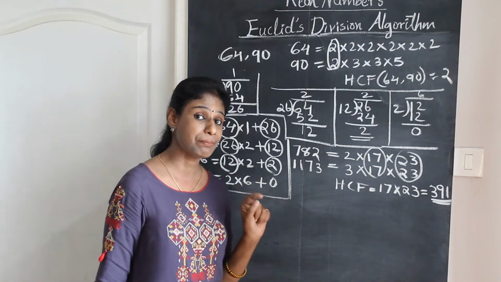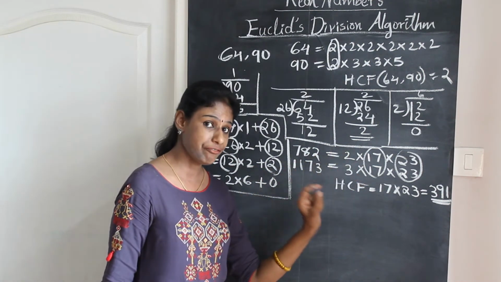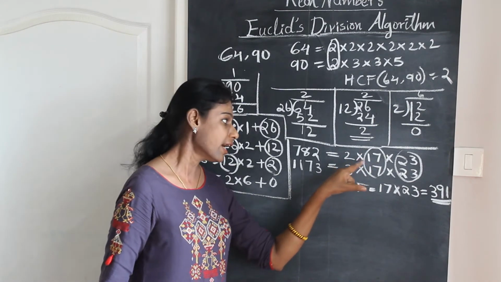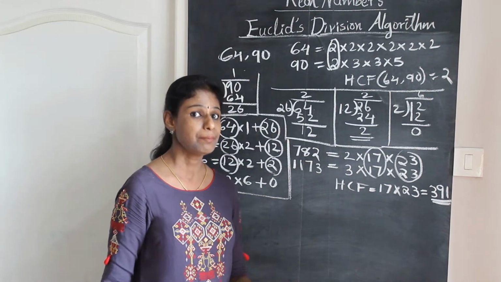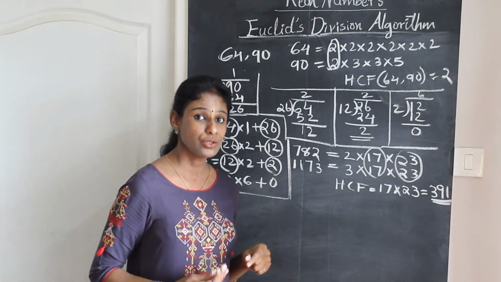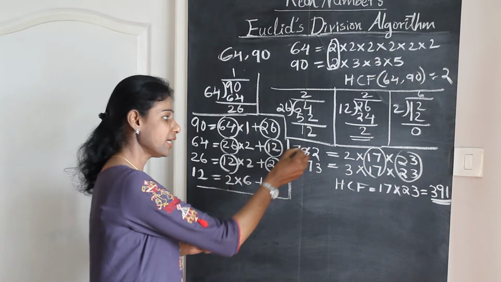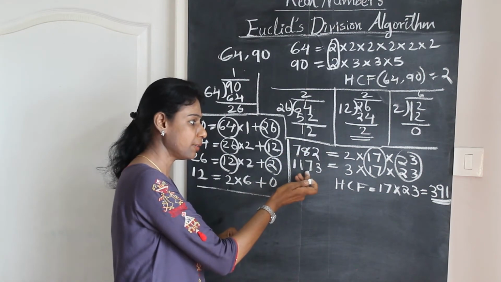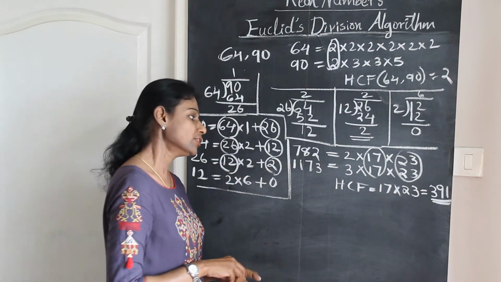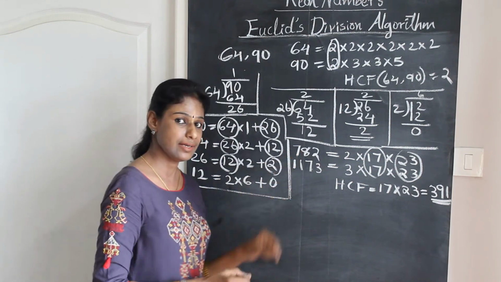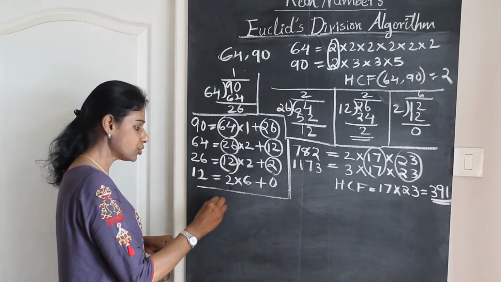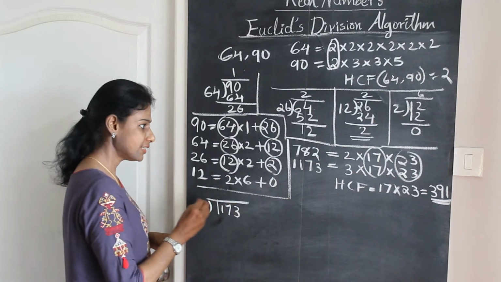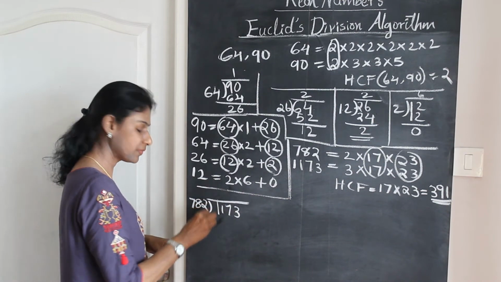But when you do the prime factorization, it is very difficult to find the factors. It takes a lot of time to understand the prime factors and to do this factorization. But if you go for this method, that means Euclid's division algorithm, we have the numbers 1173 and 782. The first number is greater than the second number. So you can divide this number by 782. 1173 divided by 782.